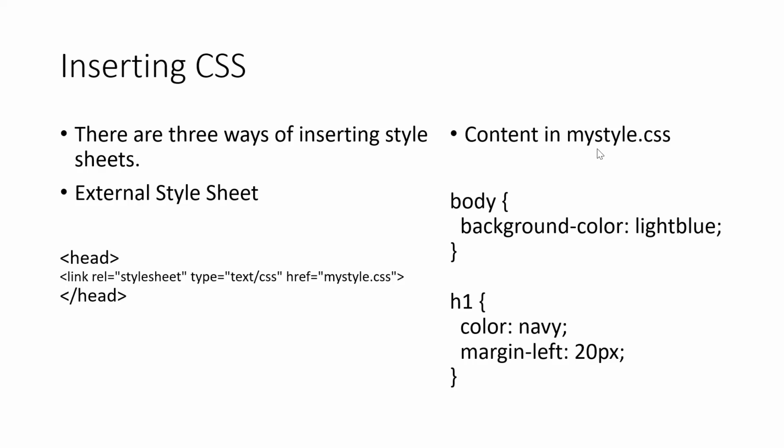For example, here we are going to create a mystyle.css, a separate file, and with the link attribute within head, we are going to say link. We will have a stylesheet, the type text/css, and href we will say mystyle.css.